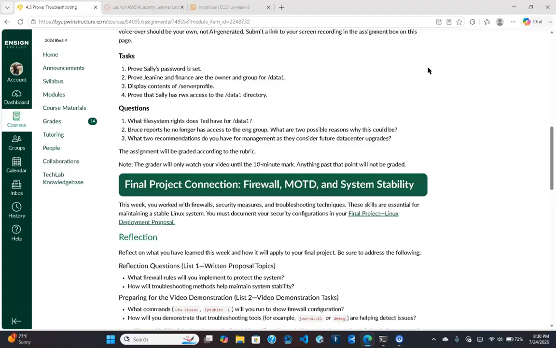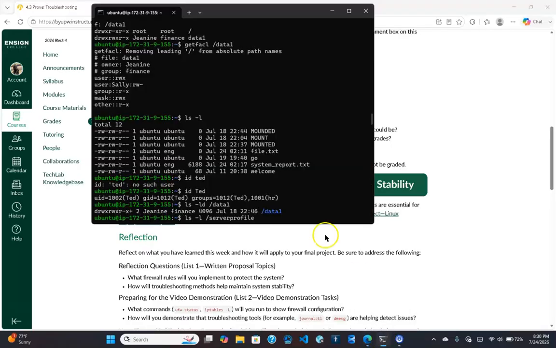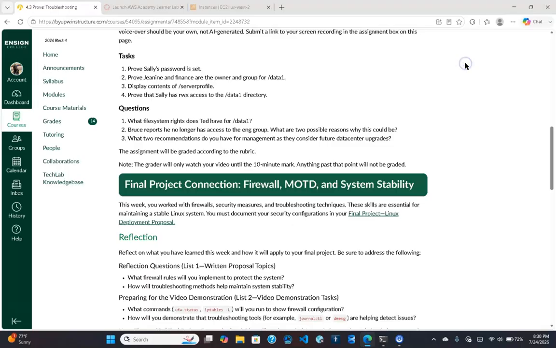So it says prove she is owner for group 1, data 1. So you can see here with getfacl /data1, it shows the file is data 1. The owner is Janine. The group is finance. It shows that she has read-write capabilities right here. She's the user, and it shows all the read-writes for the rest of the people of the group and the other stuff along with that.